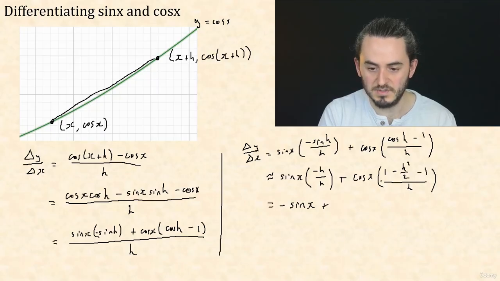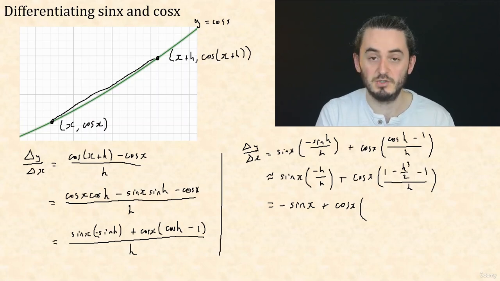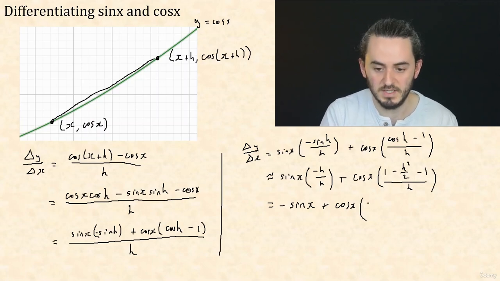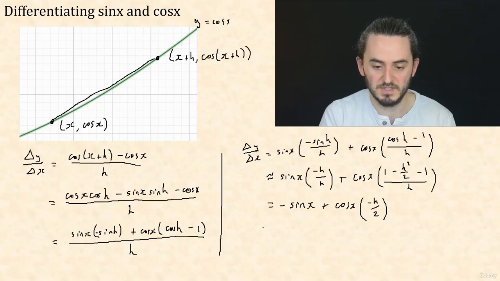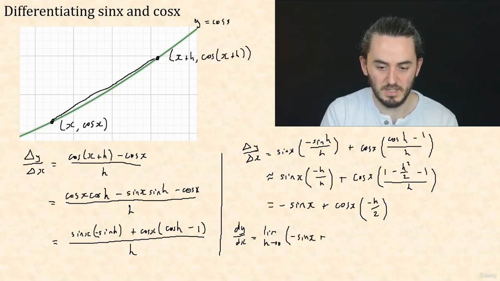And for the cos x, it's cos x multiplied by, well, 1 minus 1 is 0, and minus h squared over 2 over h is minus h over 2. And now I can send h to 0. So dy by dx is the limit as h goes to 0 of this expression, minus sine x plus cos x times minus h over 2.